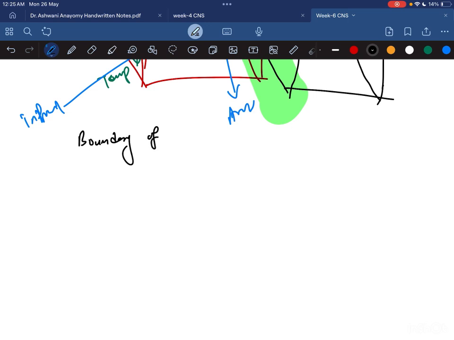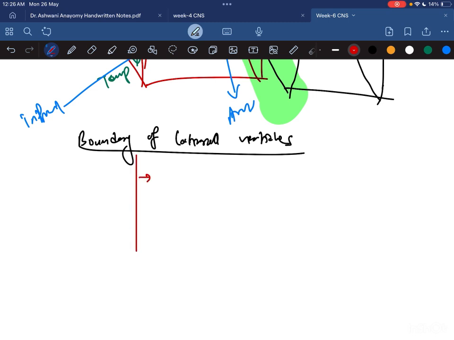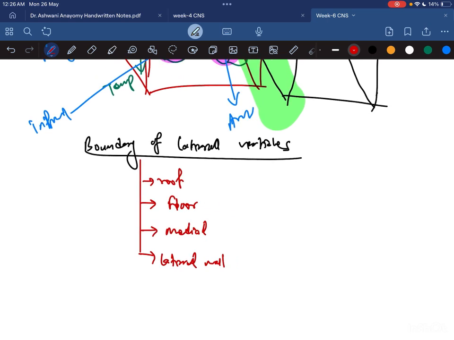When we look at their boundary, first there is the roof, then there is the floor, then there is the medial wall, and there is the lateral wall. But one thing I want to make clear, this is the body of the lateral ventricle.